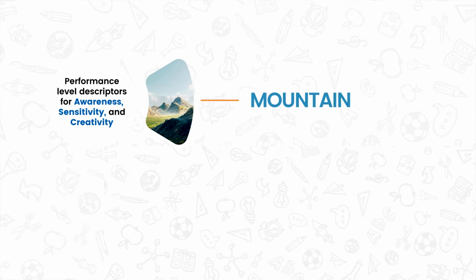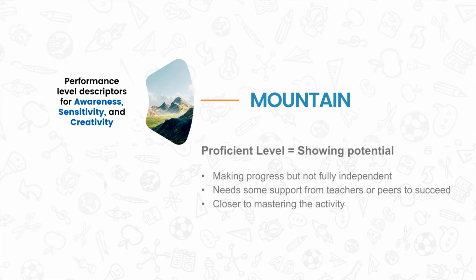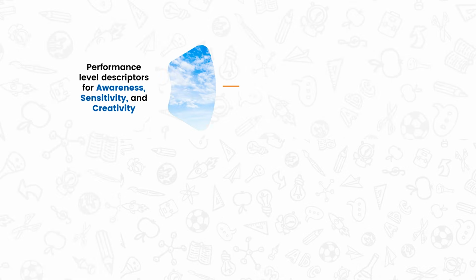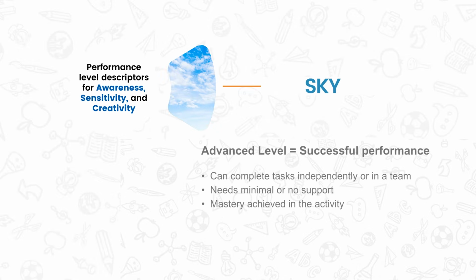Mountain is indicative of the potential demonstrated by a learner towards successful performance. The learner still needs support to accomplish the activity. Sky is indicative of successful performance in a particular activity wherein the learner required minimal external support.